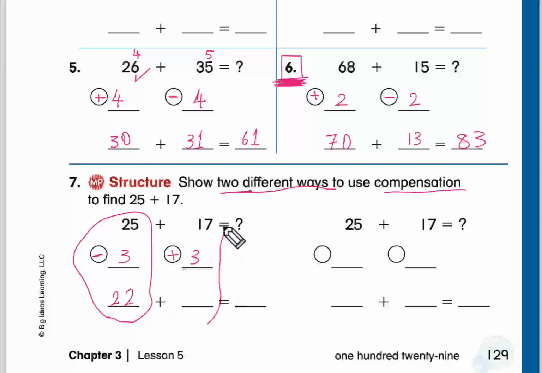And 17 plus 3 equals 20. Yes, this is a decade number. Okay, now 22 plus 20 equals 42.